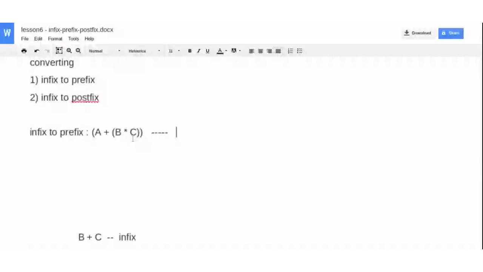Since we have fully parenthesized our expression, when we want to do a prefix, where we bring the operator to the left of its operands, all we need to do is to identify the brackets for that operator, and we move the operator just outside the left bracket for that operator, and so we bring the times.